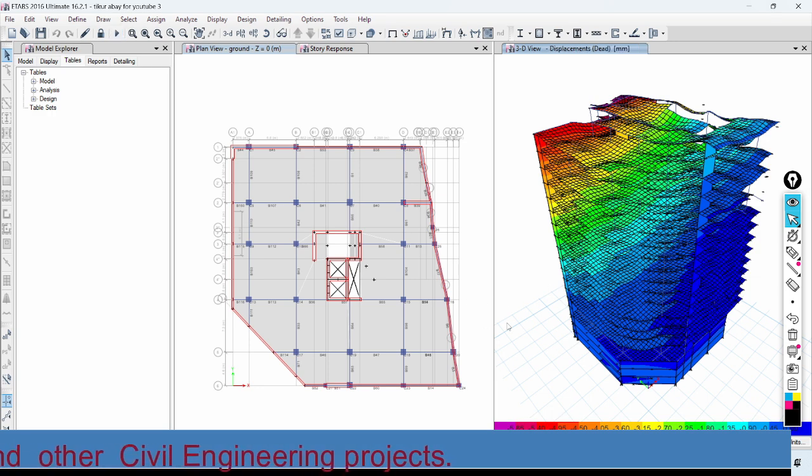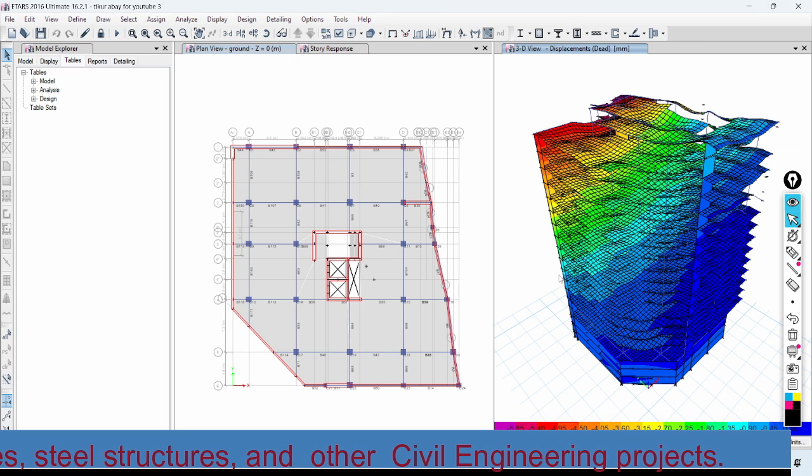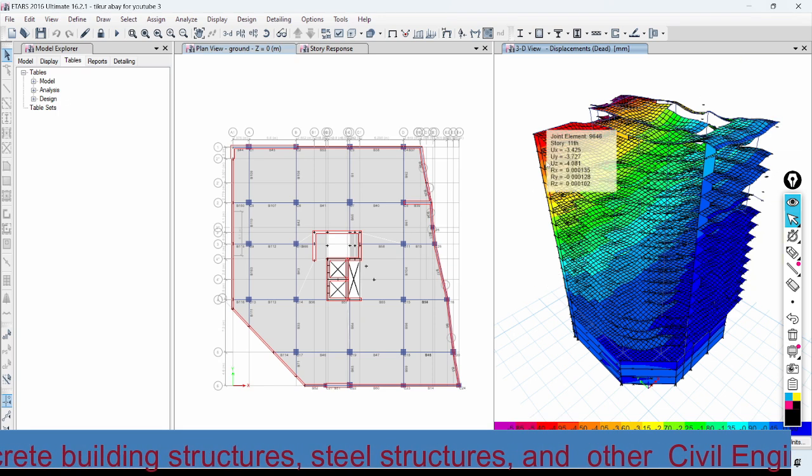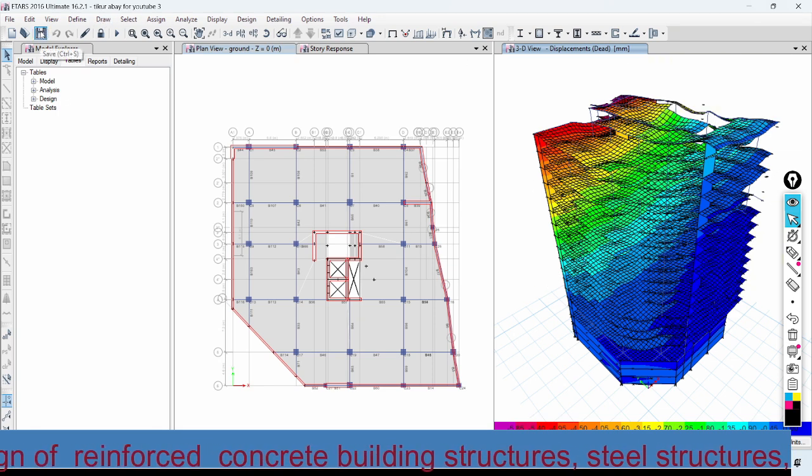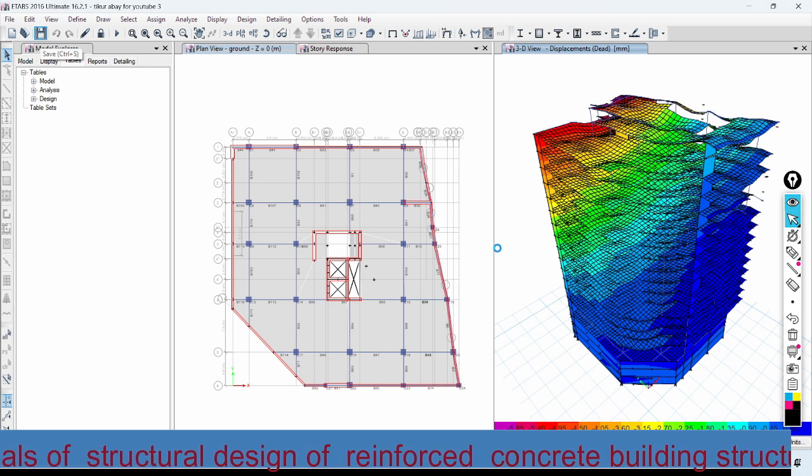Okay, here the analysis is completed by considering the P delta effect. So click save it.